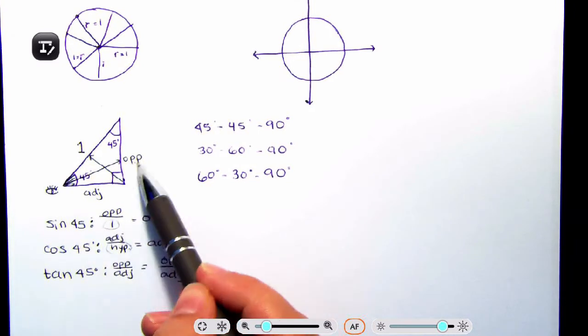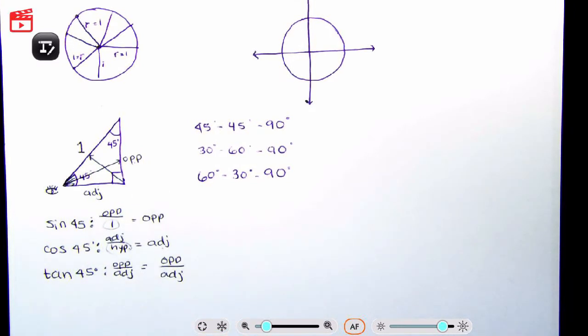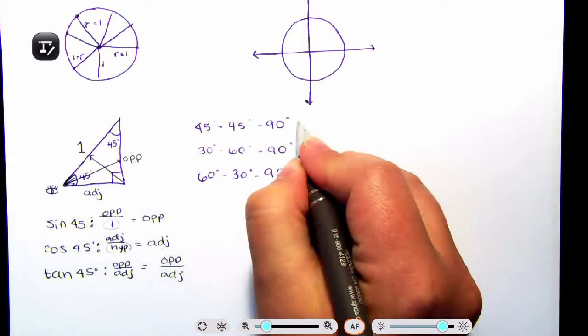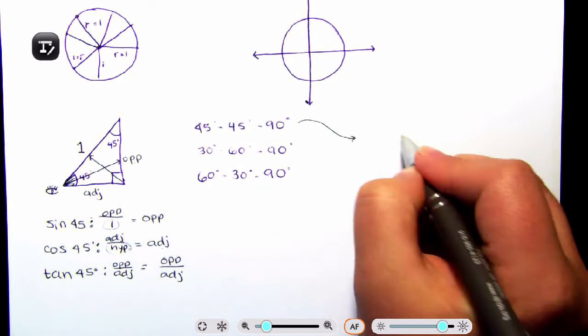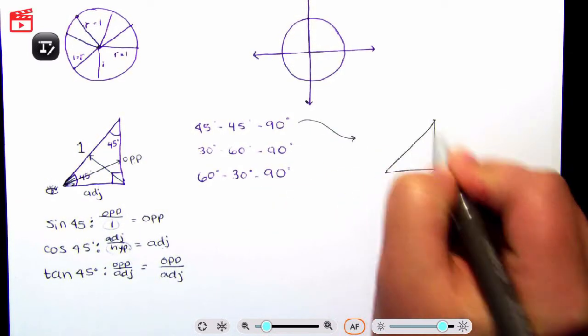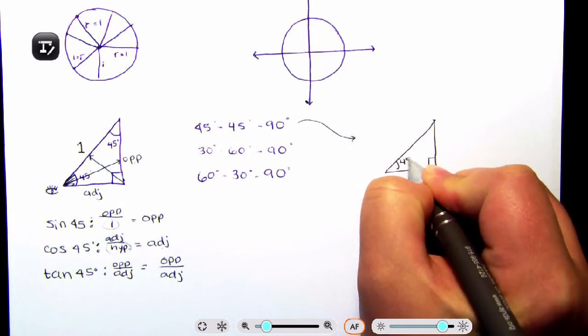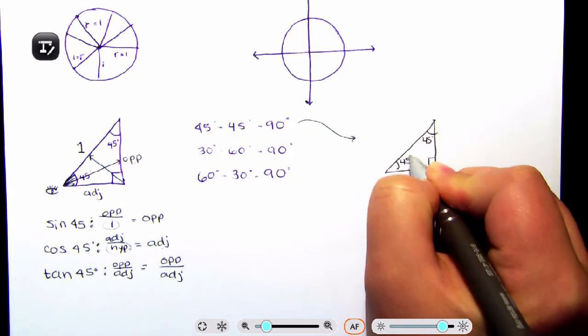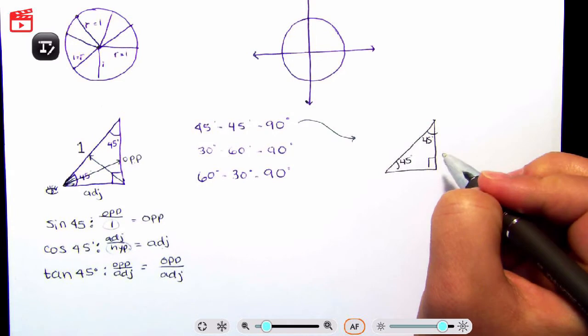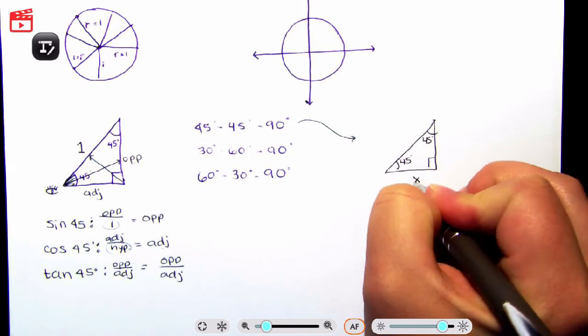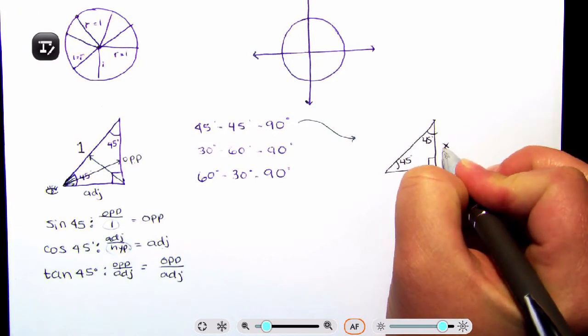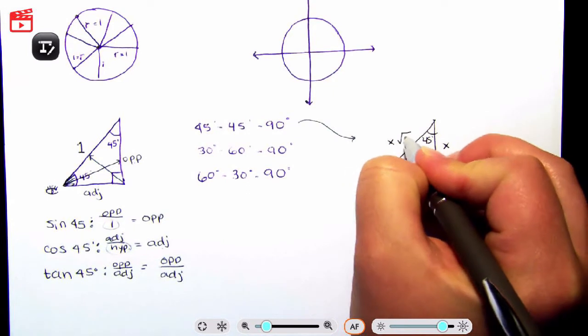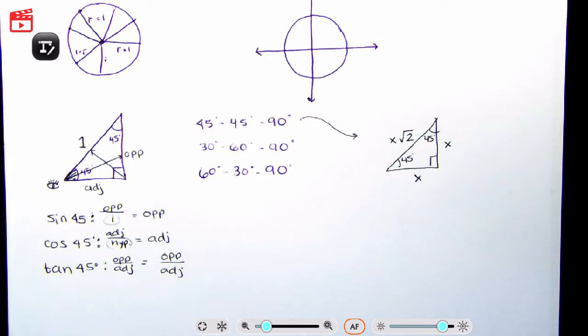So what are these values? Let's go back to our special right triangles. And we know that for a 45, 45, 90 triangle, it follows the pattern. Just draw this out here. Make sure you guys know this is a 45, 45, 90. It follows the pattern that if we have a leg of x and a leg of x, then the hypotenuse is x root 2. That's the pattern.